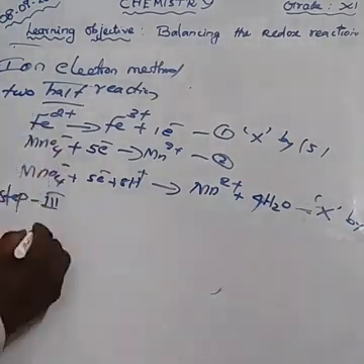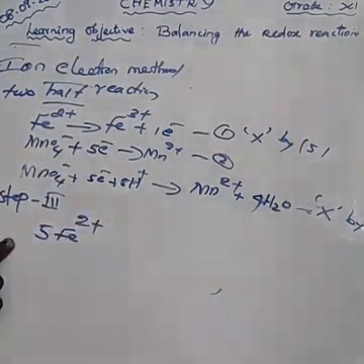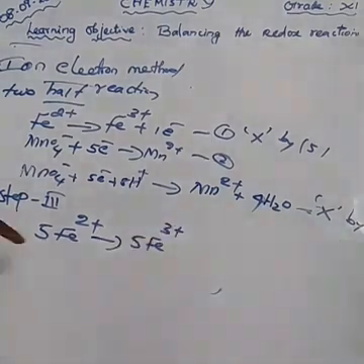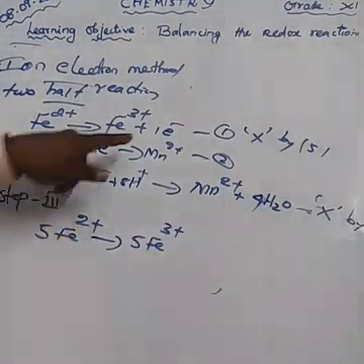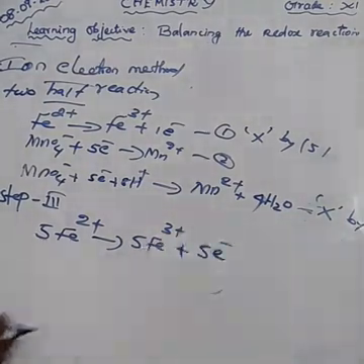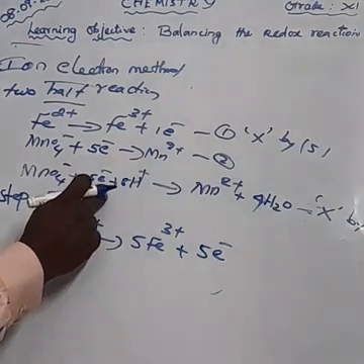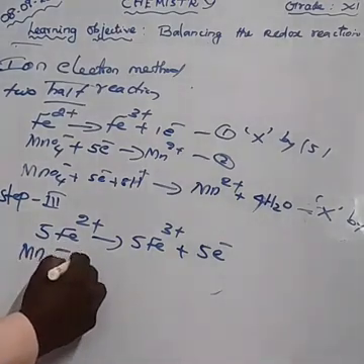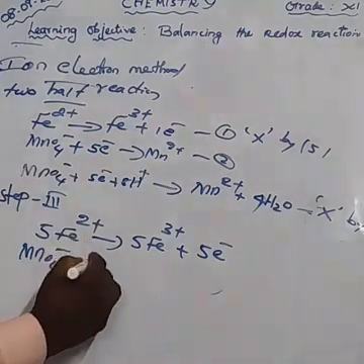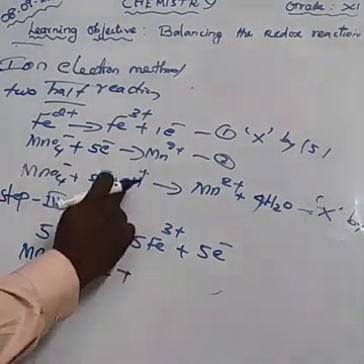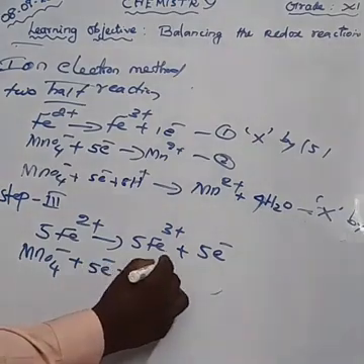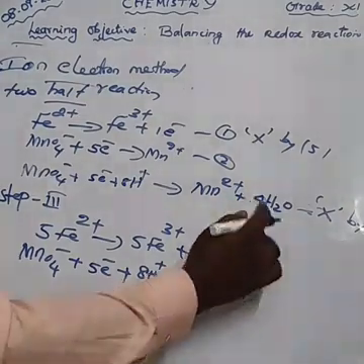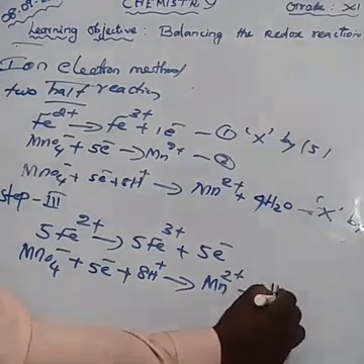First one multiplied by 5 means 5 Fe2+ gives 5 Fe3+ plus 5 electrons. Next, this one multiplied by 1: MnO4- plus 5 electrons, 1 into 5 is 5 electrons, plus 8 H+, 1 into 8 H+, gives Mn2+ plus 4 H2O.